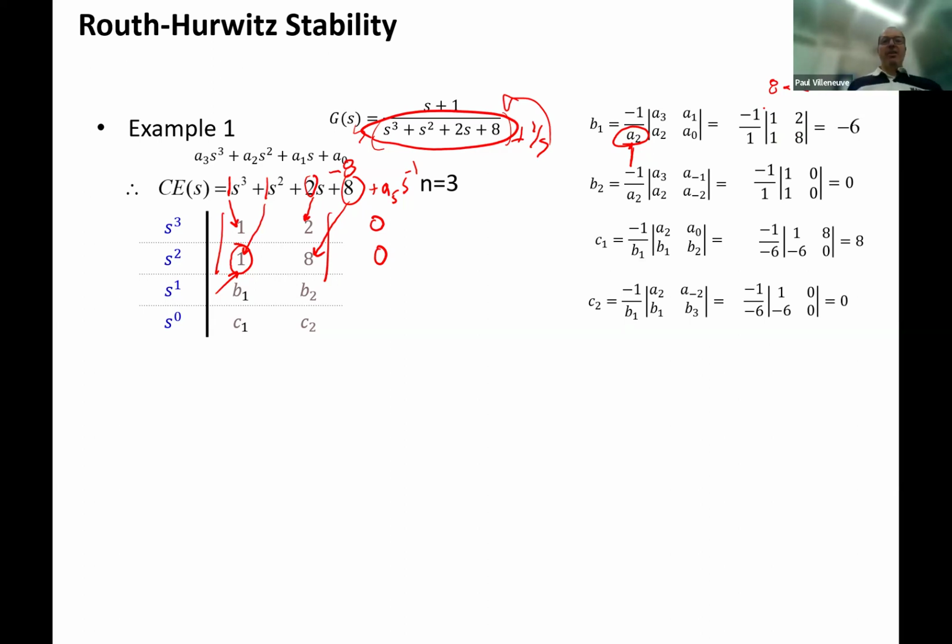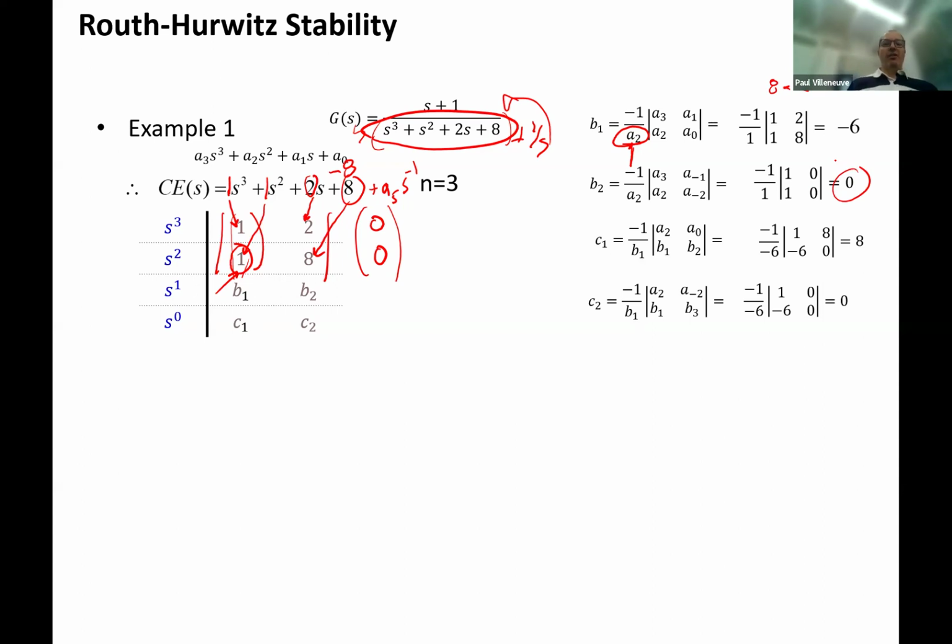Now we'll move on to B2. For B2, we're going to use the first column and the one just to the right of it. This is an easy one because we've got 2 zeros here. When we do that determinant where we cross multiply and subtract, we're always going to end up with 0.